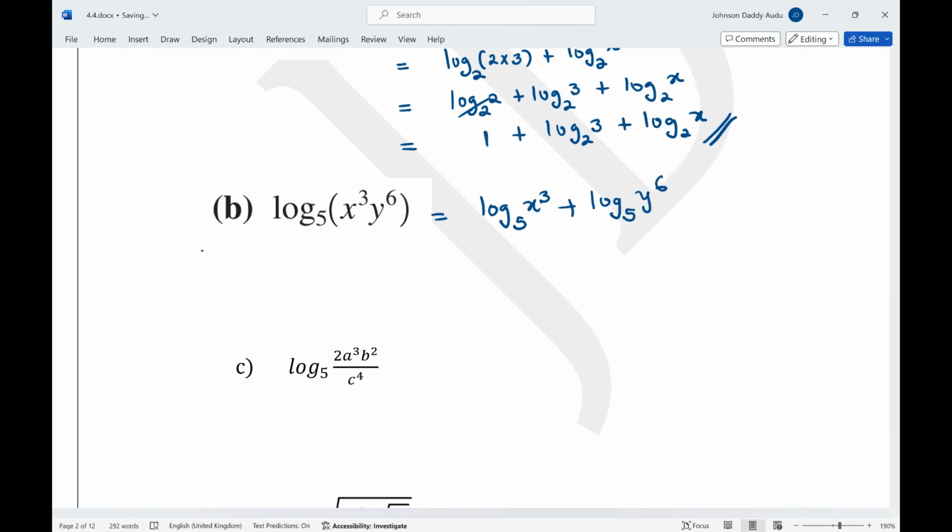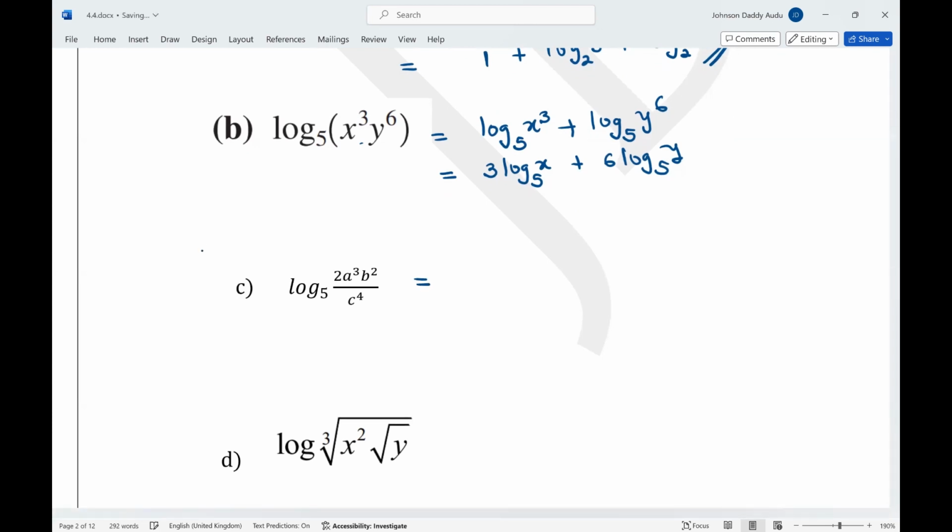So we just split multiplication into addition. Then here you can use your power law, where the 3 comes down: 3 log 5 of x plus 6 log 5 of y. So in this case, no further simplification is required, because you just have x and y, so it's fine this way.